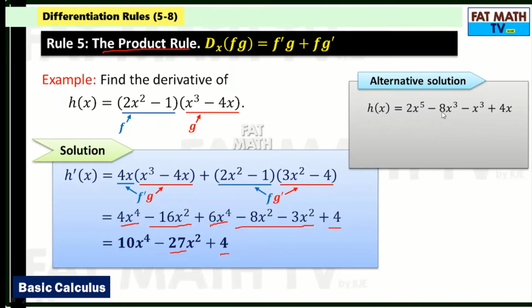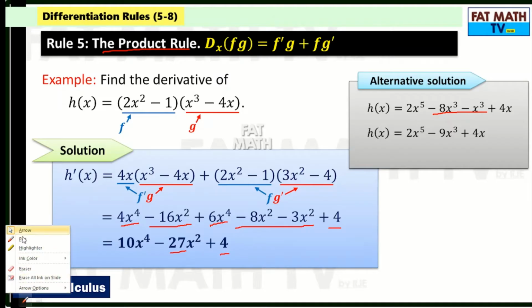That is negative 8x cubed. Negative 1 times x cubed is negative x cubed. Negative 1 times negative 4x is positive 4x. And then if you simplify this, you can combine like terms. So that's negative 9x cubed. So copy the others and then take the derivative of this function h of x.